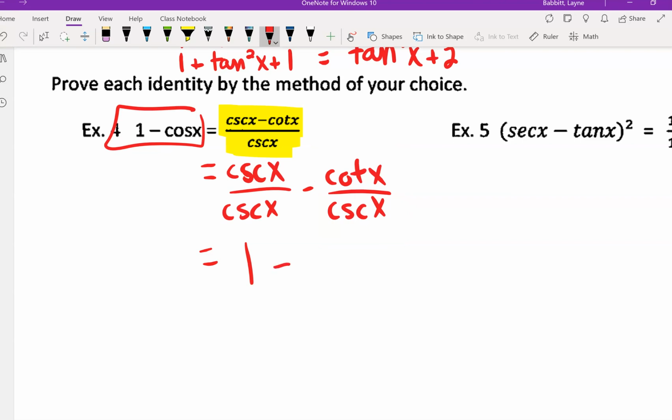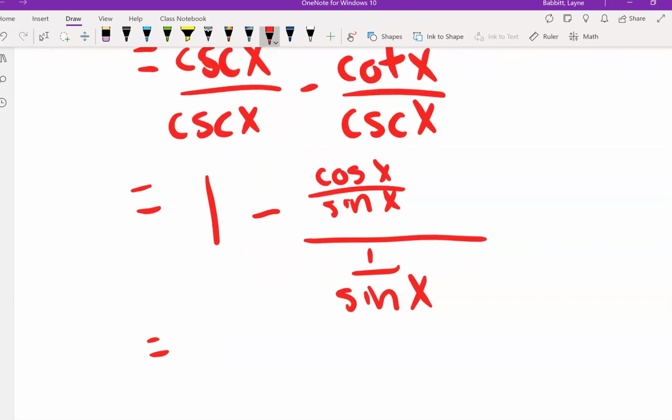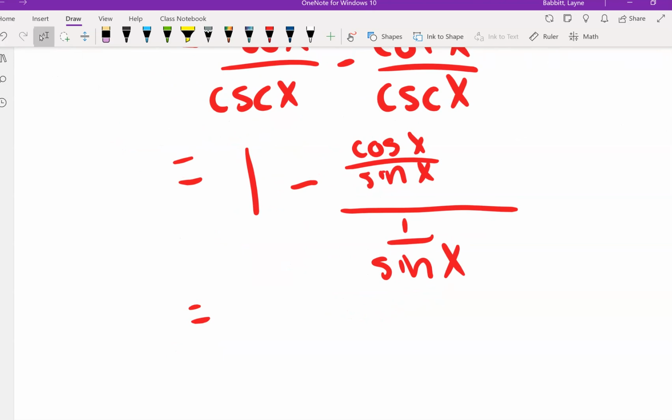I know that cotangent is the same as cosine x over sine x. And then I know that cosecant is the same as 1 over sine x. There's some simplifying there. And then to simplify this complex fraction, I'm going to do 1 minus, we flip the second fraction and multiply.